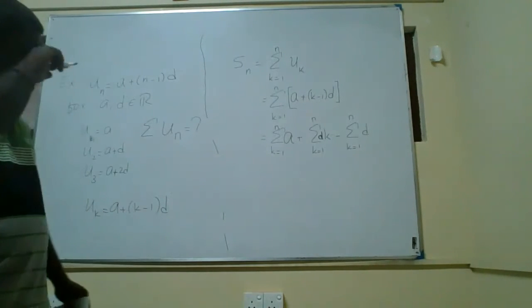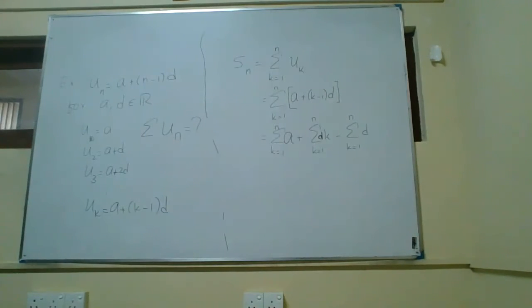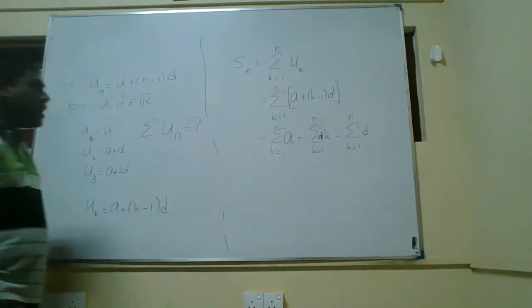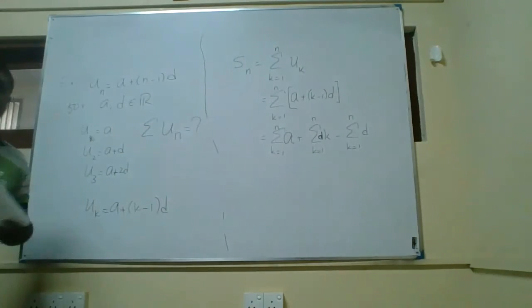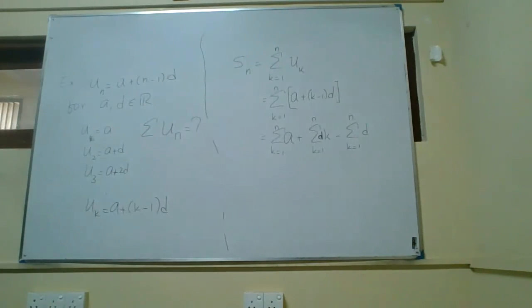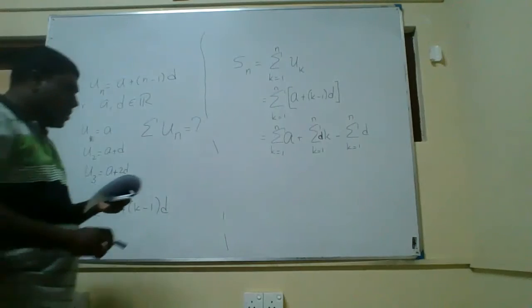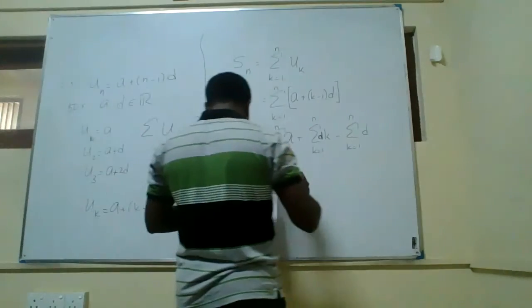Now take the sum of a over k running from 1 to n. You are adding a n times, a plus a plus a plus a, so that is clearly n times a.